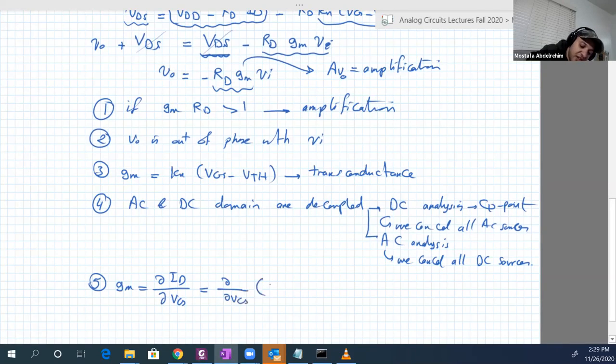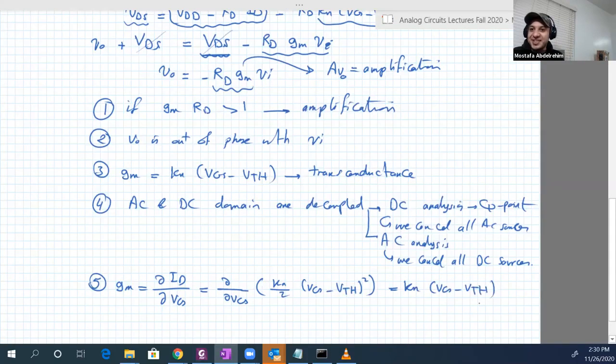And what is ID? It is Kn over 2 (VGS minus V threshold) squared. What is the derivative of that? The 2 cancels with the Kn over 2, so it will be Kn (VGS minus V threshold). So this is another derivation for it. We derived it first from the circuit analysis, then by the formal definition, and of course both should merge into the same result.